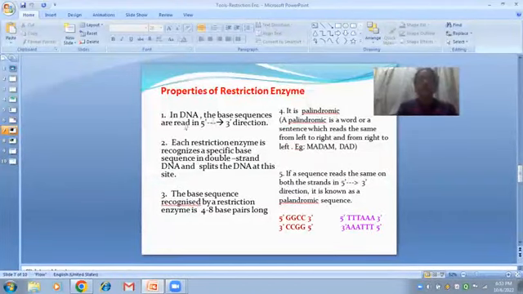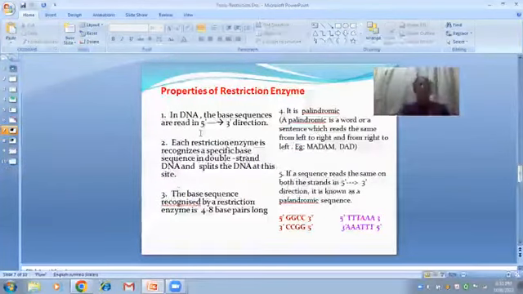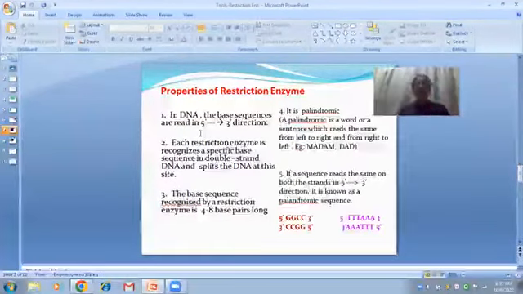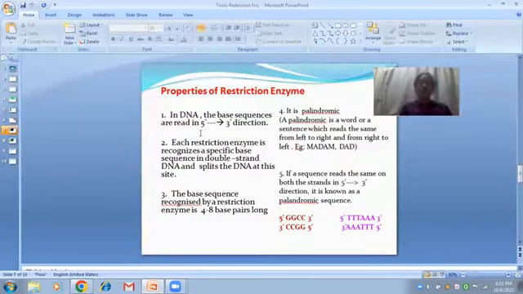The other properties: in DNA, the base sequences are always read in the 5' to 3' direction. Each restriction enzyme recognizes a specific base sequence in the double-stranded DNA and cuts the DNA at different sites, giving fragments.